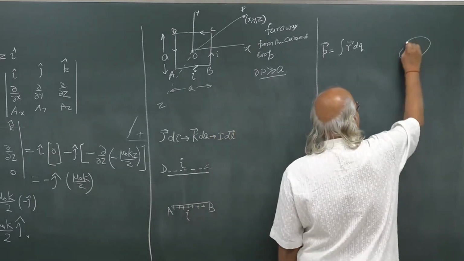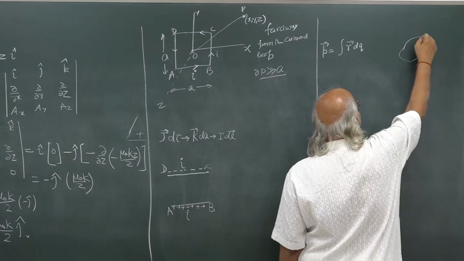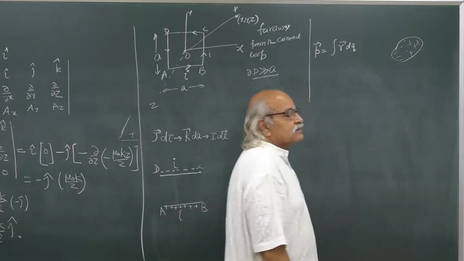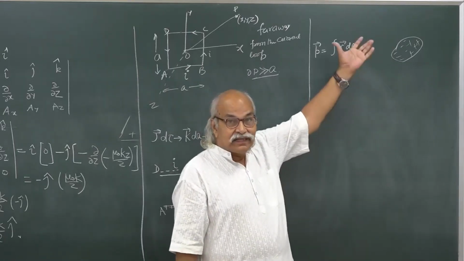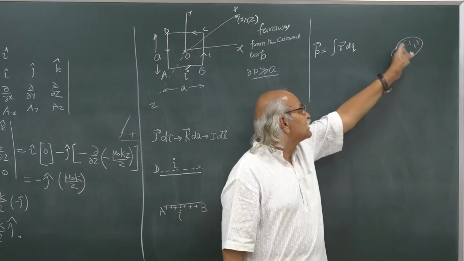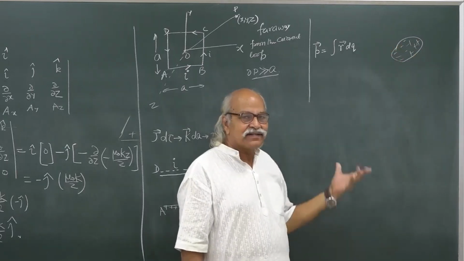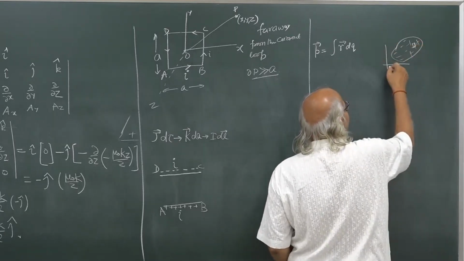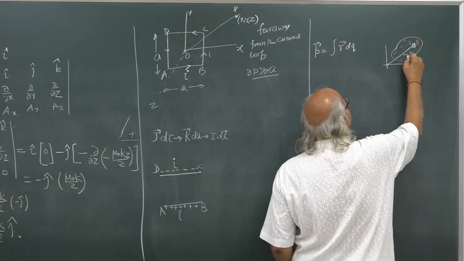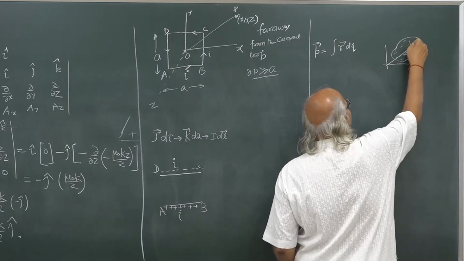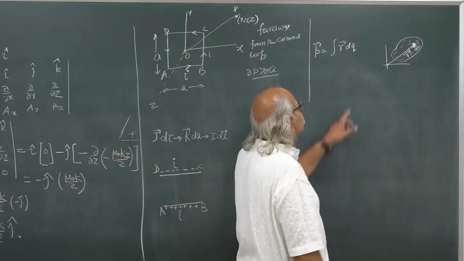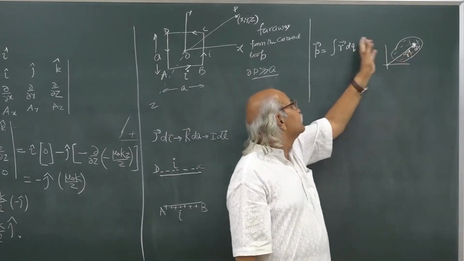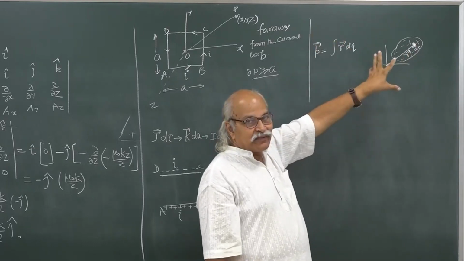If charges are distributed in this volume, at some places negative, at some places positive, variable, at different points you have different magnitudes of charge densities. So, you take a small dq, take some axis, and then this is the r vector and this is d tau. Whatever charge is here, you write that here, multiply by this r vector and then integrate, and that gives the dipole moment.